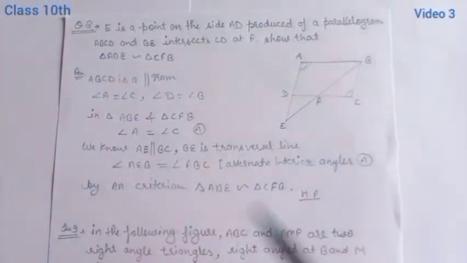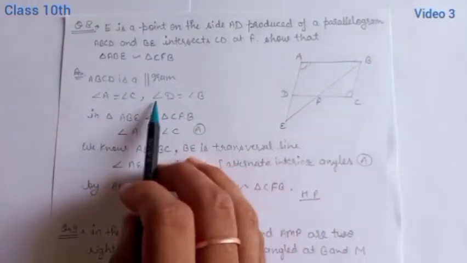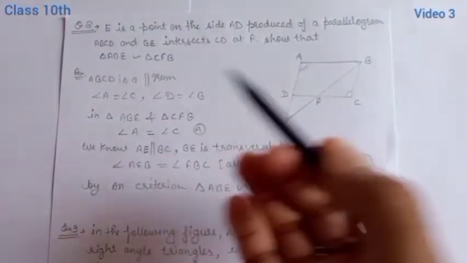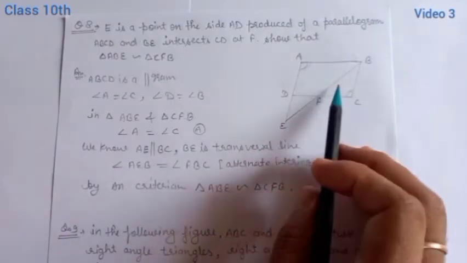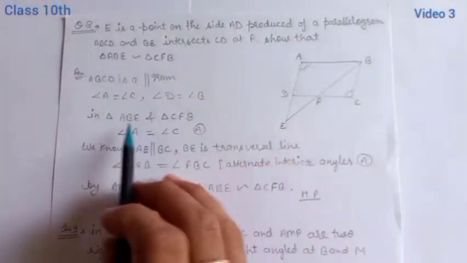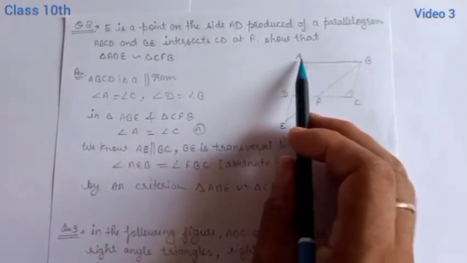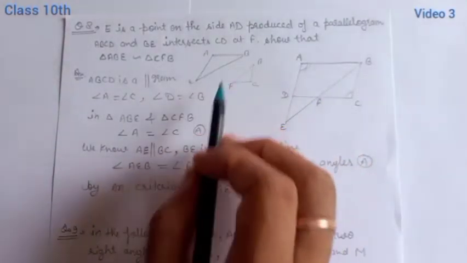So students, let's solve this question. If ABCD is a parallelogram, then angle A is equal to angle C and angle B is equal to angle D. But we have to prove that triangle ABE and triangle CFB are similar. So let's take both triangles, ABE and CFB. Students, a copy of the triangles is drawn here.